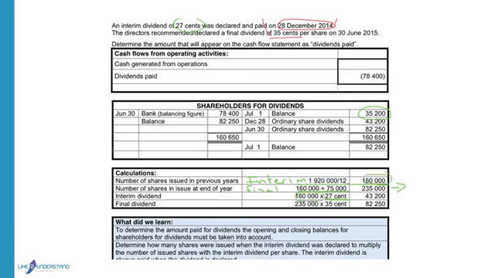So if I multiply 160,000 with the 27 cents, I see that the interim dividend is 43,200 Rand. So I will show in my shareholders for dividends account that I owe the money to the shareholders, so the shareholders will be credited with 43,200. The expense, ordinary share dividends, will be debited.